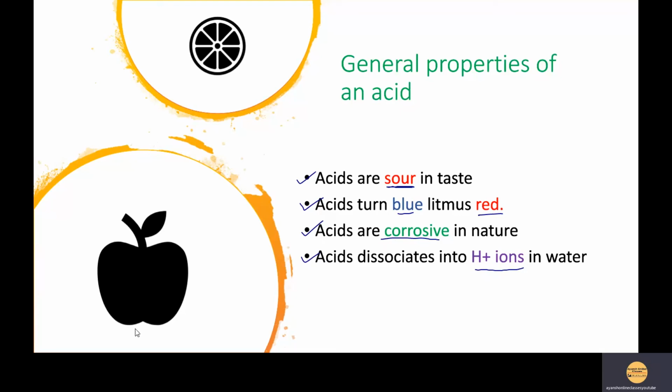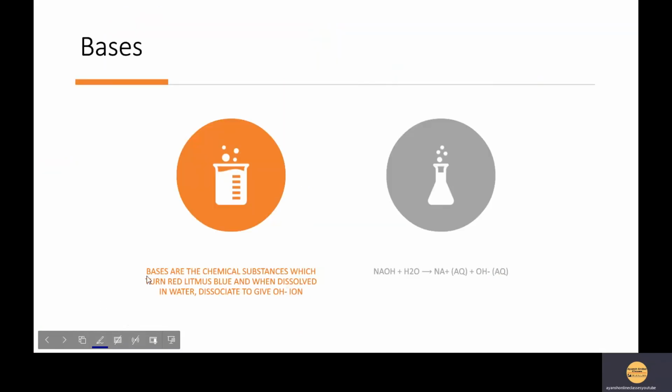So now let's move towards the bases. Bases are the chemical substances which turn red litmus blue. In acids, we saw that the blue litmus was turning red. Here, bases turn red litmus blue, and when dissolved in water, they dissociate to give OH minus ions.